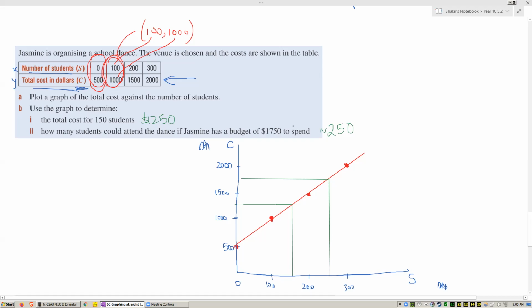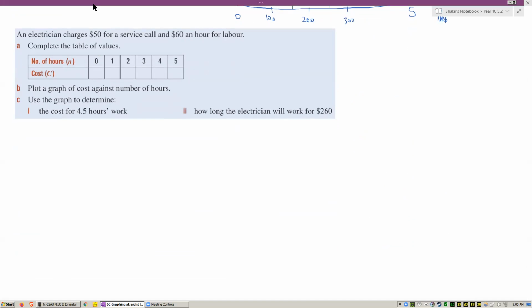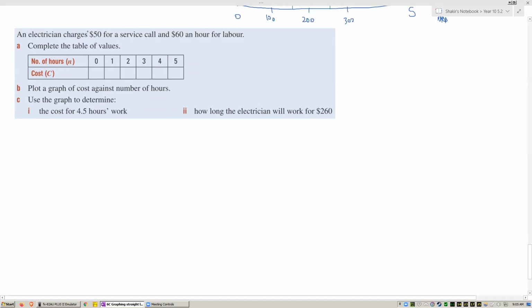Okay, moving on. It's very similar to the previous exercise, the rest of it. An electrician charges $50 for a service call and $60 an hour for labor.